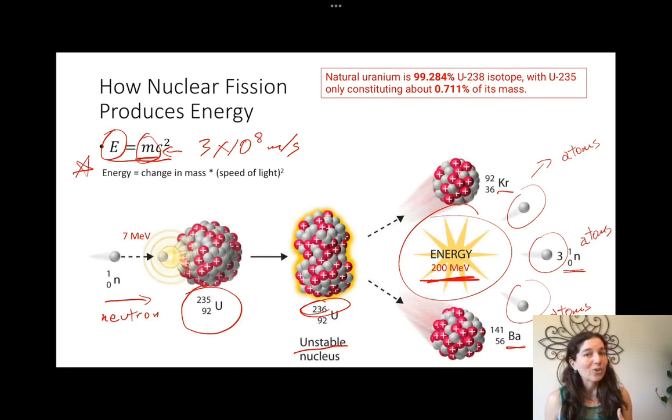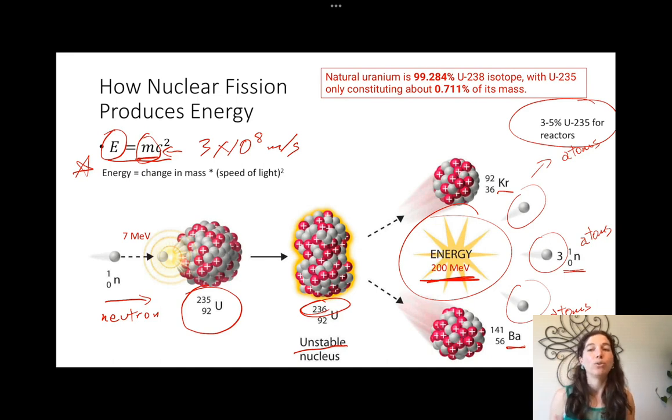However, in nature, you encounter primarily the U-238, and only 0.711% of all uranium atoms are U-235, which is a pretty low percentage. Now, in order to make fuel for a nuclear reactor, you need somewhere about 3 to 5% U-235. So that's where that enriching comes from, is there's a much higher percentage of this isotope in the uranium that's used in nuclear reactors in order to get enough energy out for it to be useful.